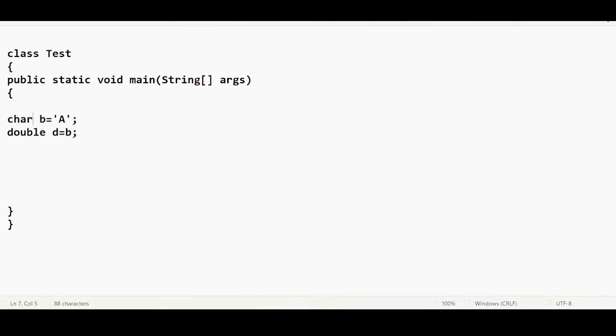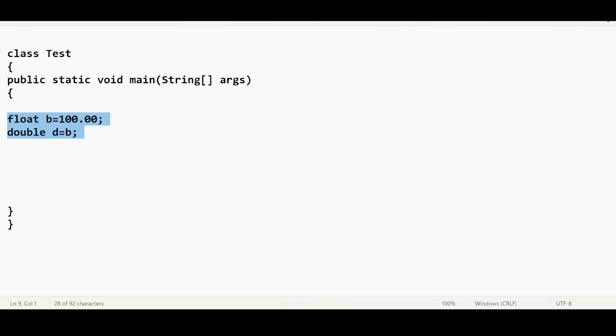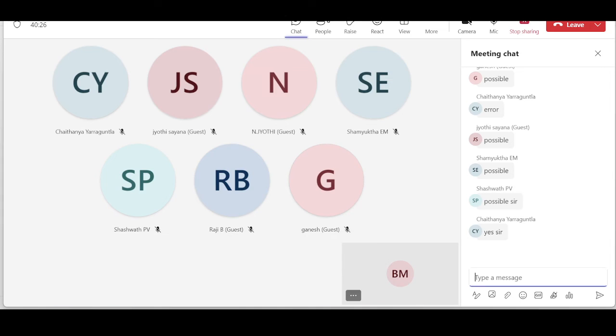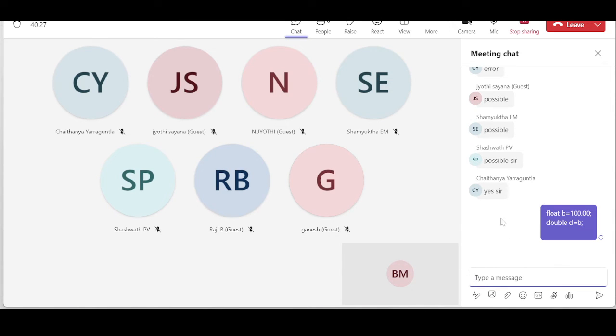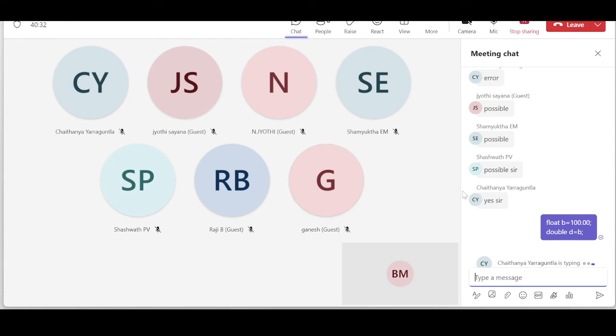And let us do this. Float. Now tell me possible or not possible. This is a popular interview question. You believe it or not? Possible or not possible? Everyone answer.